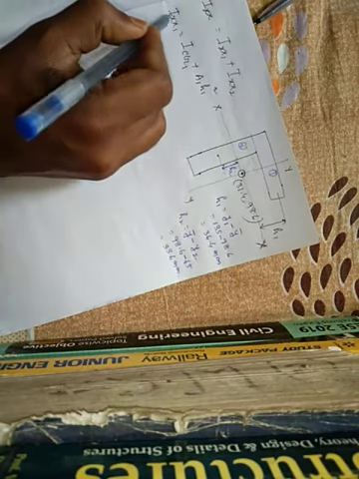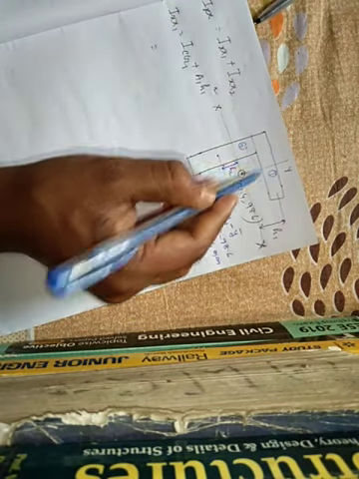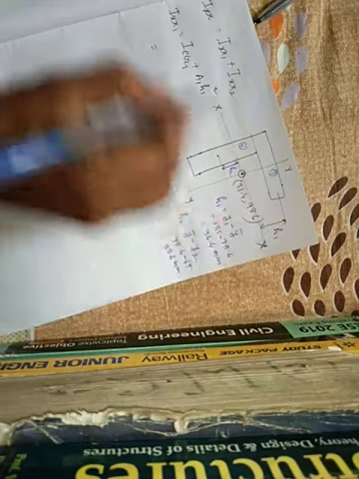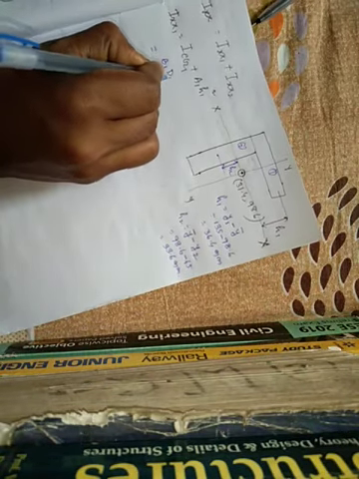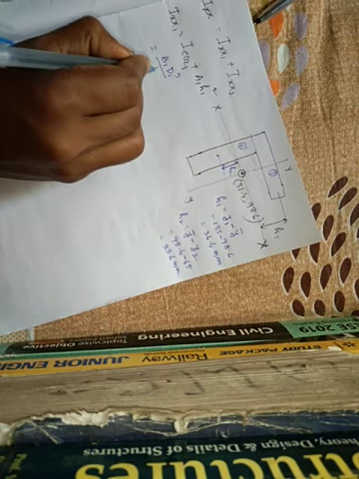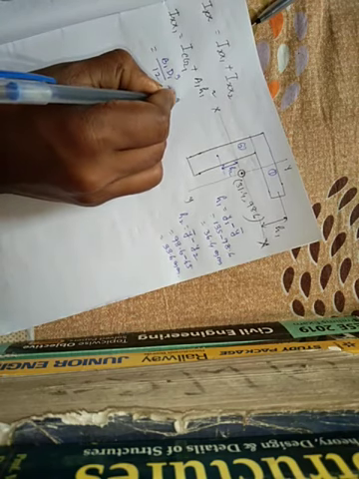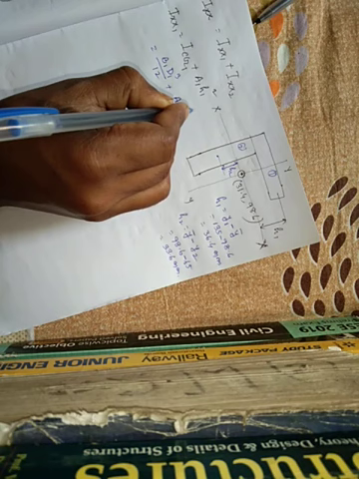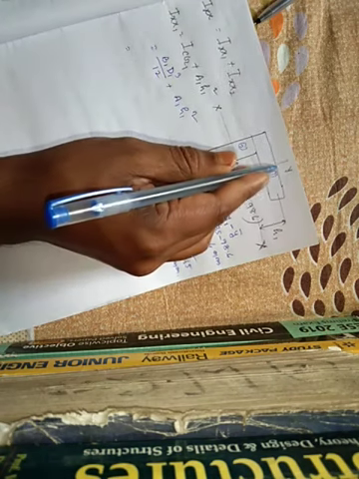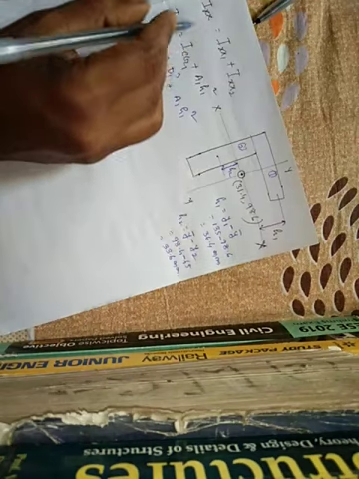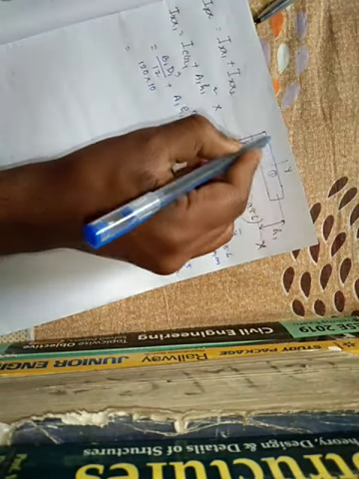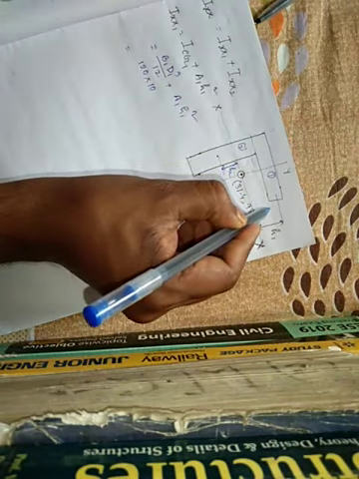Now calculate the moment of inertia of the rectangle section about the x-axis, which is equal to b1 into d1 cube divided by 12 plus a1 into h1 square. B1 is equal to 120, d1 is equal to 10, the thickness.